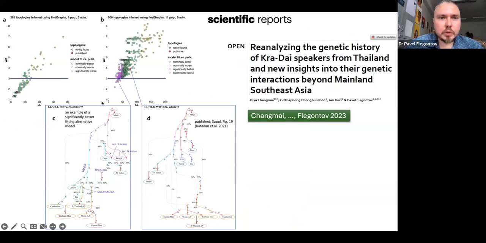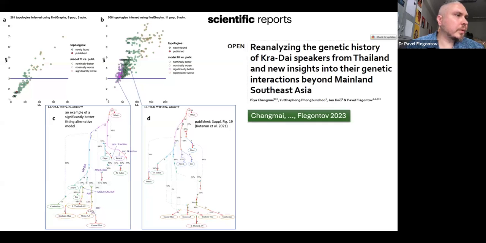They arrange models of various topology with various branching order, with various admixture events. They arrange these models according to certain criteria of model fit, such as worst residual or log likelihood or anything else. And they try to rank them, try to pick the best model, the best class of models.